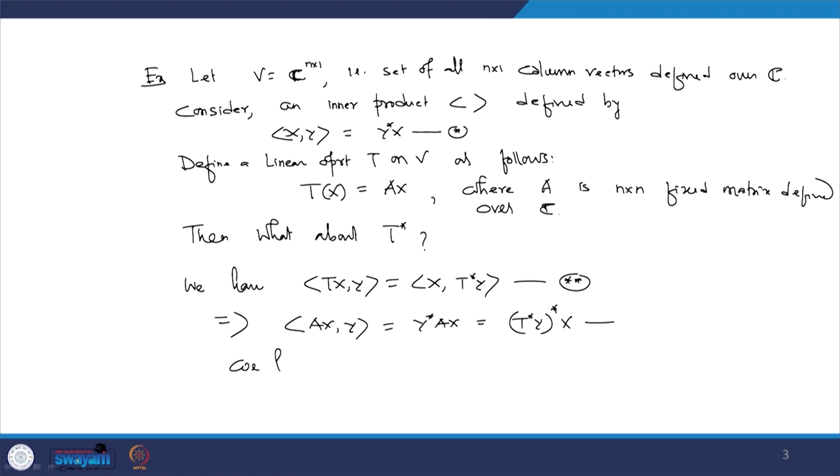We have the inner product of A x and y equal to y star A x, which one can write as A star y whole star times x.